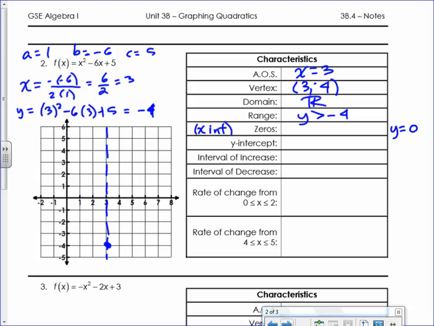How many people need more time to get the equation typed in? Okay, let's get the equation typed in. When you type the equation in, you type this in.